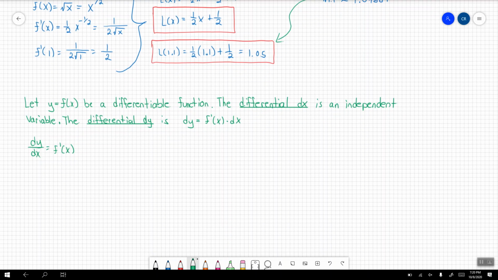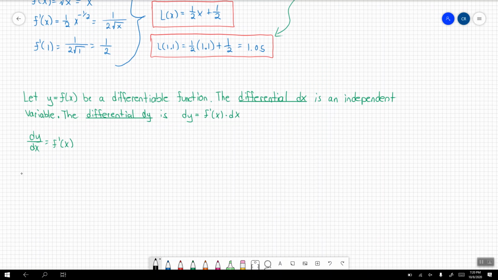So to illustrate this, let's go ahead and do an example. Given y is equal to x to the power of 5 plus 37x, part A, we want to find dy.